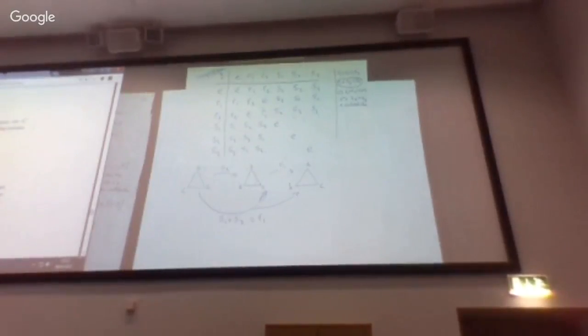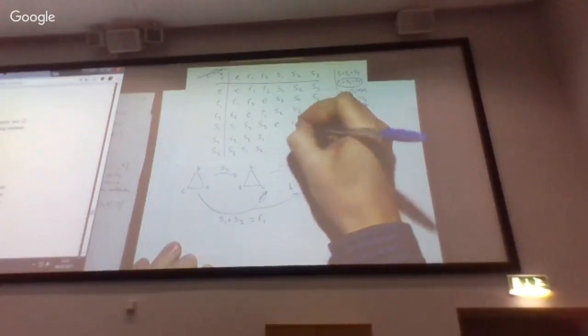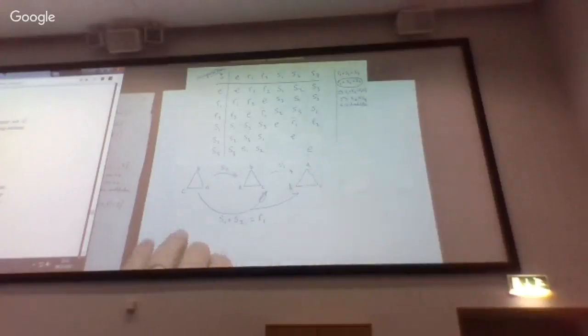Did you compose the other way around? Yeah, so you composed them. You did S1 first and then S2. So that's correct. S2 after S1 will be the other way, R2. Okay, well that's good because that's efficient. So this is R1 and that's R2.